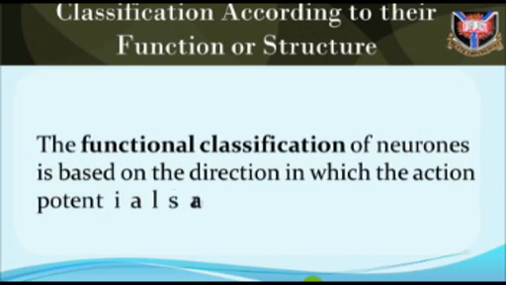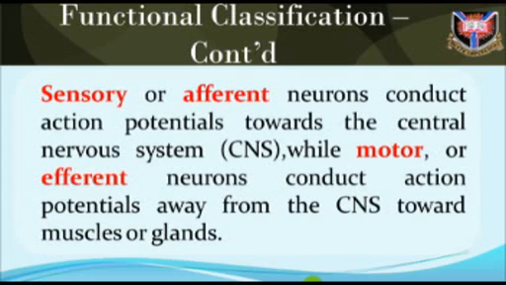The functional classification of neurons is based on the direction in which the action potentials are conducted. Sensory or afferent neurons conduct action potentials towards the central nervous system, CNS, while motor or efferent neurons conduct action potentials away from the CNS towards muscles or glands.